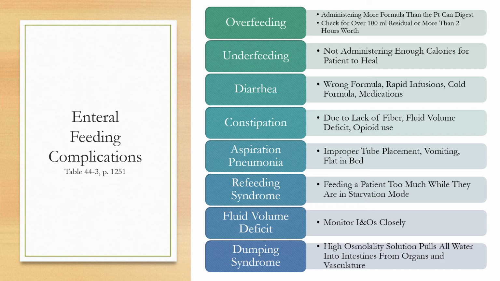Okay, so how can we know this is occurring? Well, we can check a residual volume check. Okay, so that's just a matter of aspirating from the tube. So say from the G tube or the J tube, aspirating and see what volume is left in the stomach or in the jejunum.